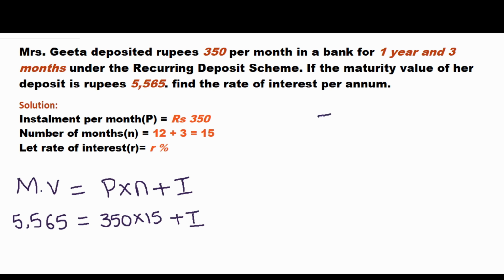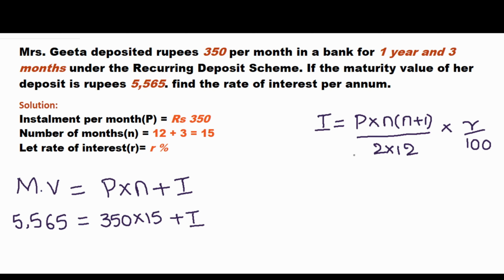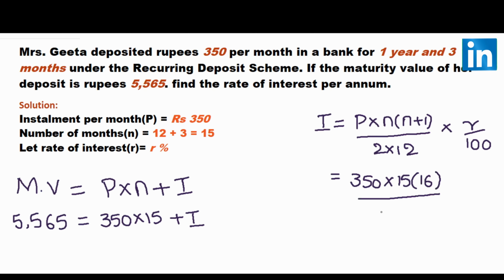We know I is equal to P into N plus 1 divided by 2 into 12 into R by 100. So let us substitute the values. So P, we know it is 350 into N, it's 15. So 15 plus 1 is 16 divided by 2 into 12 into R, we don't know, I'm taking it as R itself.